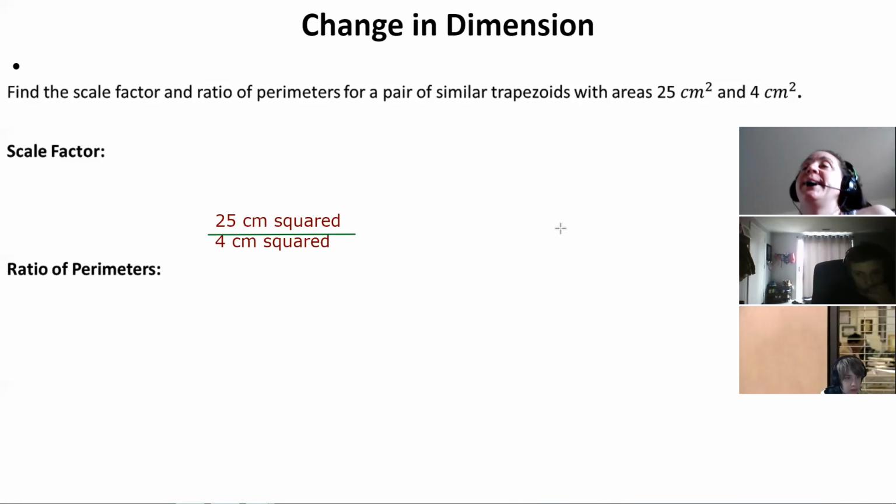How do we work backwards to figure out that scale factor? What is the way of canceling out something that is squared? You guys remember? It looks like this.